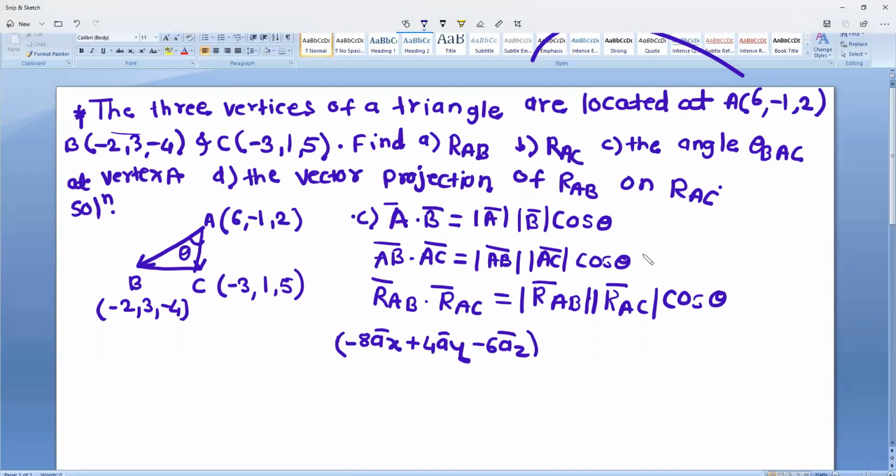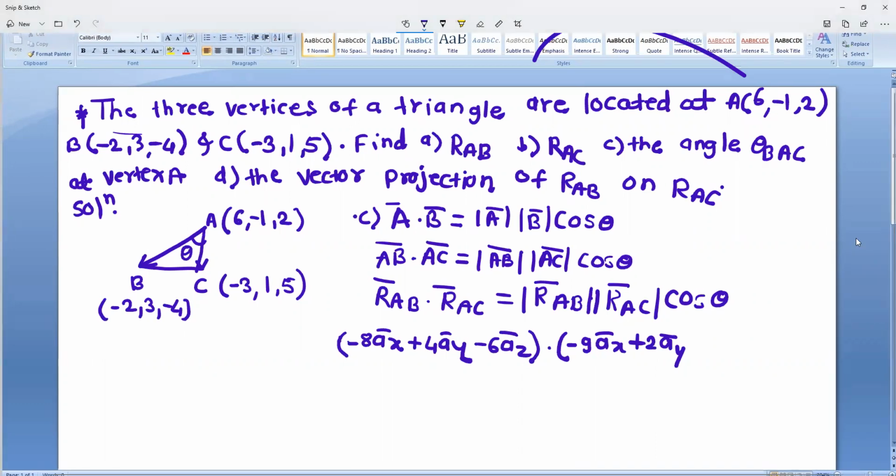Okay, and R bar AC is minus 9 a bar x plus 2 a bar y plus 3 a bar z.